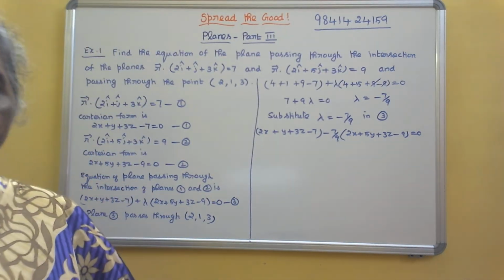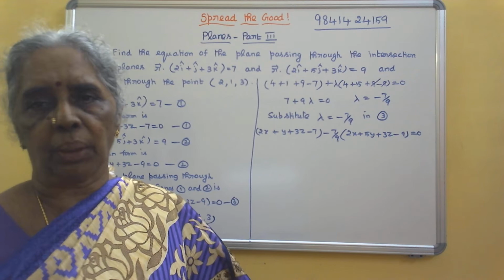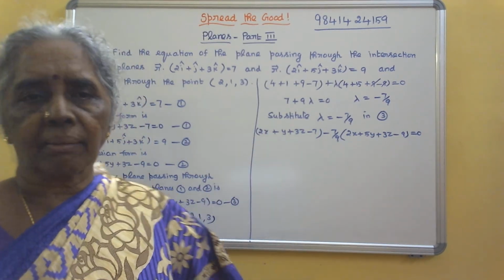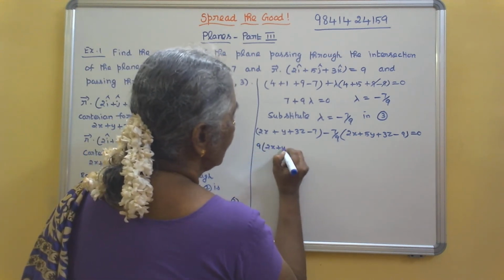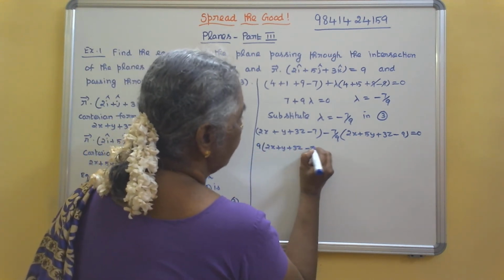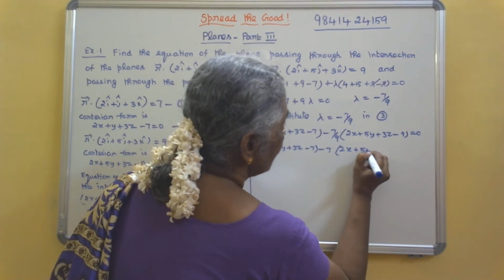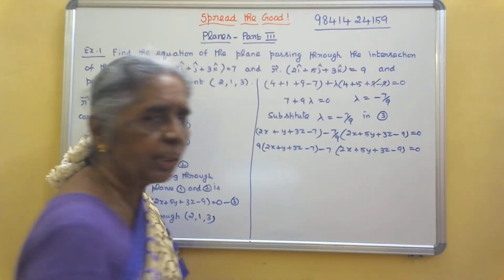Now, don't be multiplying the second equation by 7 by 9 and getting fractions and all. Just like LCM, cross multiply. Bring the 9 here. So you will get now 9 into (2x plus y plus 3z) minus 7 into (2x plus 5y plus 3z minus 9) is equal to 0.